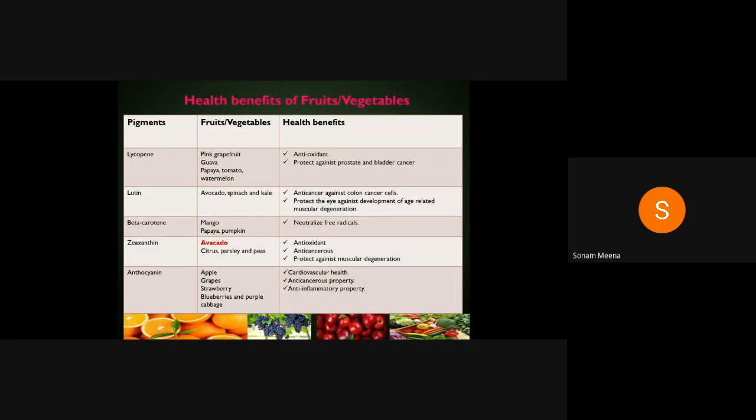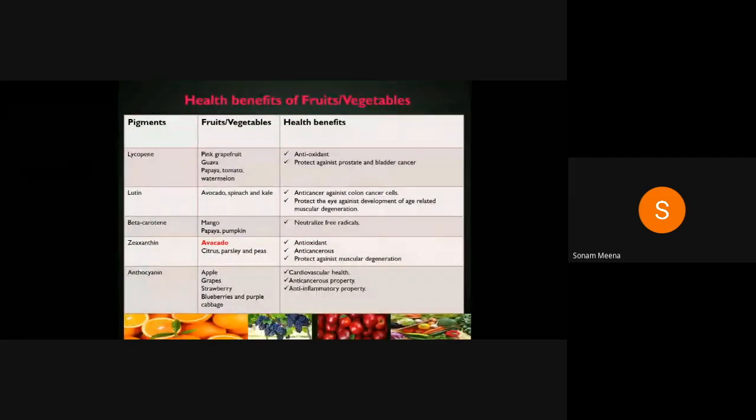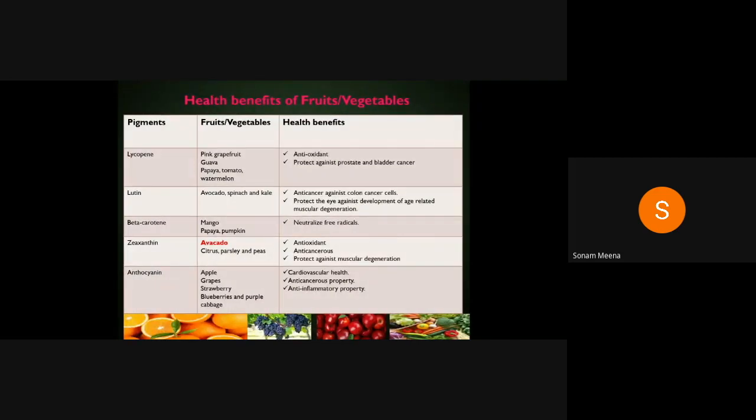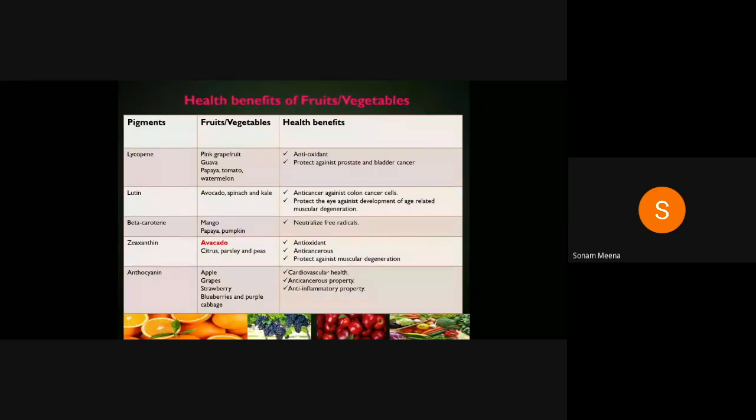And these are the health benefits of fruits and vegetables. According to the pigments, we can see the health benefits. Lycopene rich fruits are pink grapefruit. This grapefruit is asked so many times. Guava, papaya, tomato are rich in antioxidants and also protect against prostate and bladder cancer. Lutein: avocado, spinach, and kale. Then beta carotene: mango, papaya, pumpkin neutralize the free radicals.